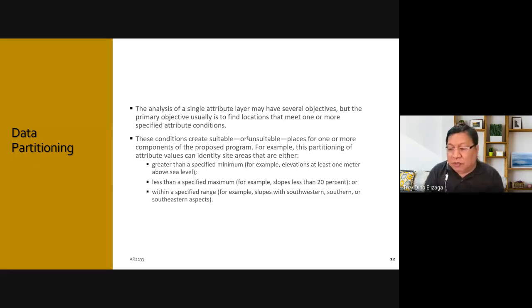Data partitioning means even with a single base map, like the topographic map, we can have separate analyses for each attribute, for each data that we need. We can have data on elevation only based on the topographic map, or analysis on the slope only based on the same topographic map, or maybe the range when we talk about the aspects.